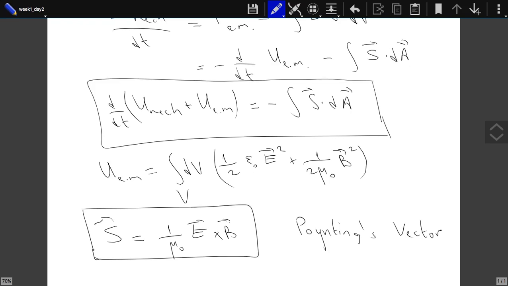Charge is not a vector, but current is a vector, because current moves in a direction. That is what is creating the flow. Similarly, energy, you're right, energy is not a vector, but it can flow in a direction. So that flow is a vector because it has a magnitude and a direction. So this is what we call the Poynting vector.